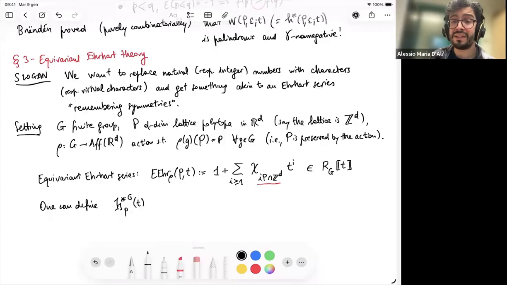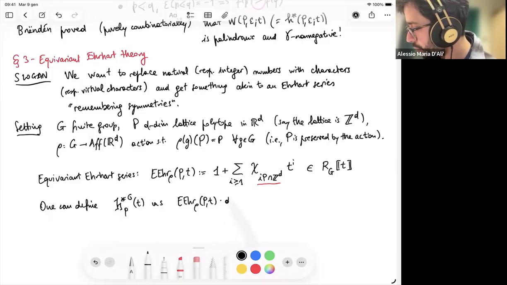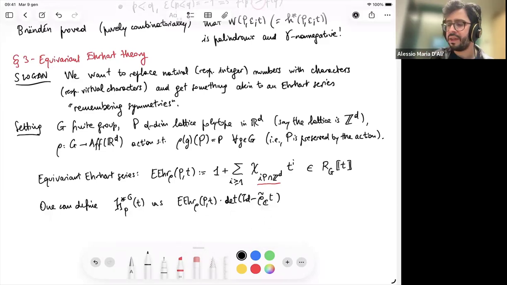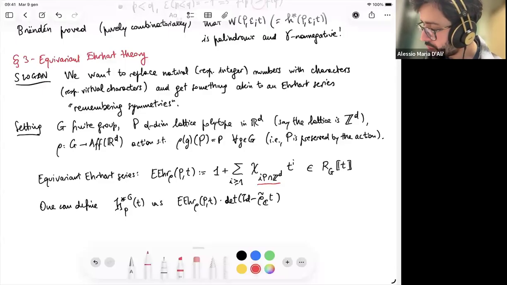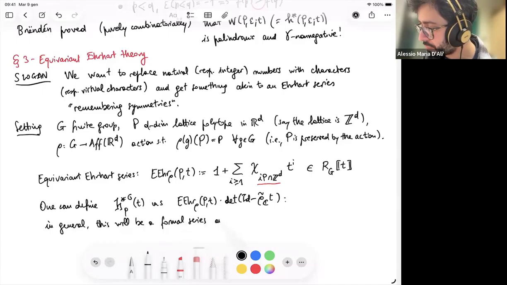One would like to say that this is the equivariant h-star polynomial, whatever this is. This is the multiplication of this series by some polynomial that I'm not going to get into. However, this thing is not going to be a polynomial in general, it's going to be a formal series. So that's a big difference with the usual case.